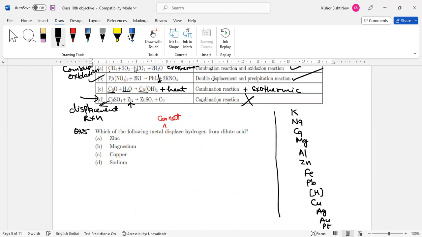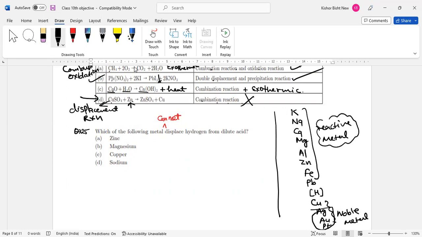These elements are non-reactive. Ag, Au and Pt are noble metals. And the metals above hydrogen are the reactive metals which can displace hydrogen when they react with dilute acid.